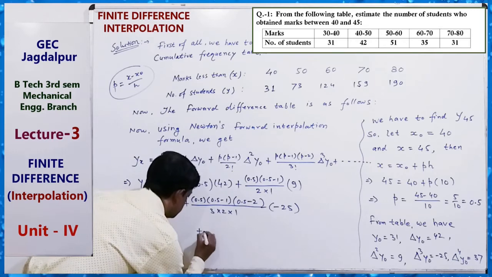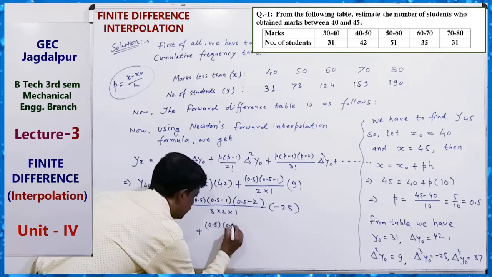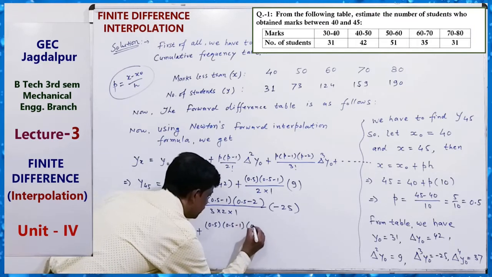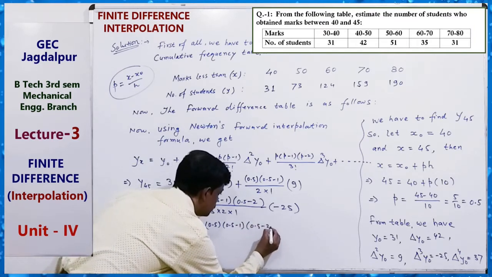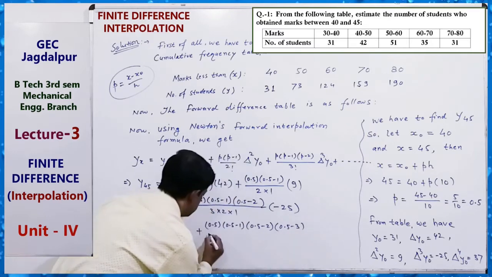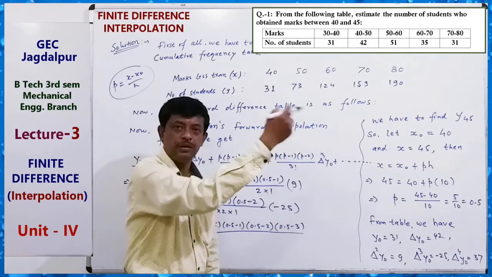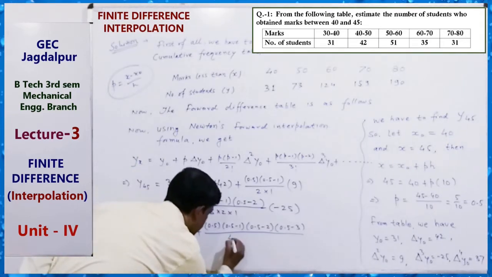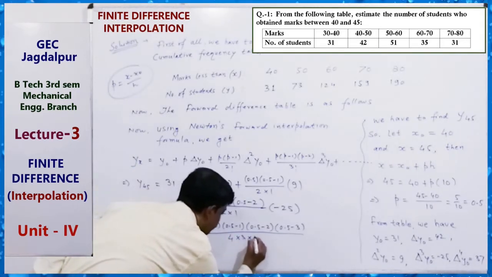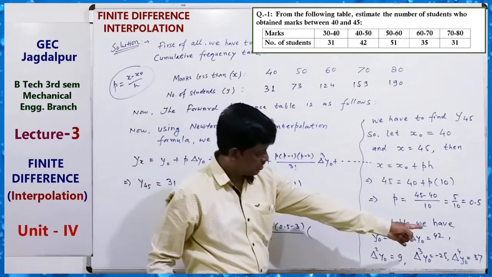And also 0.5 minus 1, 0.5 minus 2, 0.5 minus 3, that is p minus 1, p minus 2, p minus 3 upon 4 factorial, so 4 into 3 into 2 into 1, into fourth difference 37.